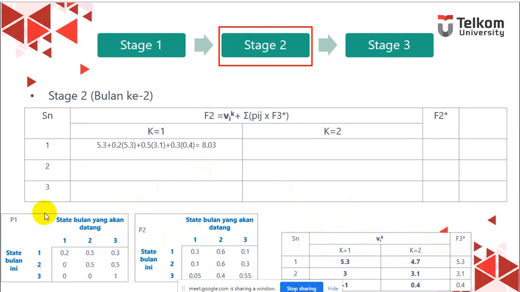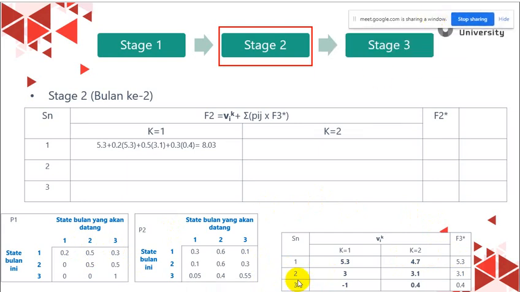Yeah, why? Because 0.2 is for condition one, and if condition one in the next stage, the revenue will be 5.3, and the probability of 0.5 will be the next condition 2, and the revenue for condition 2 in stage 3 will be 3.1.